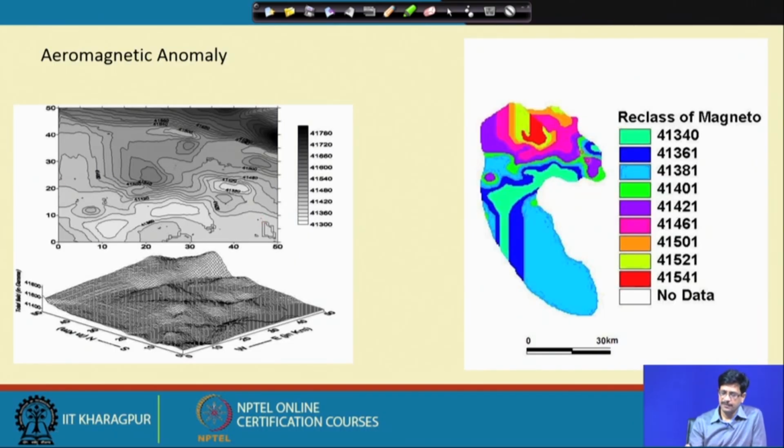And a part of the area where the aeromagnetic anomaly map was available. So the airborne magnetic anomaly data was reduced and projected to the surface, and this kind of surface geochemical anomaly map could be produced for this area, which is true for only the upper half of the area.